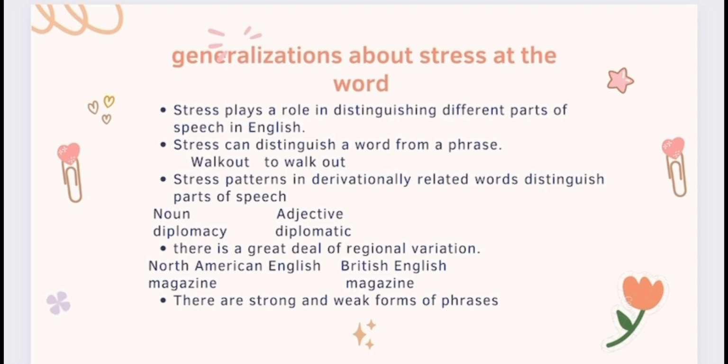Stress can distinguish a word from a phrase, for example, walkout or to walk out. Stress patterns in derivationally related words distinguish parts of speech. For example, noun diplomacy, adjective diplomatic.